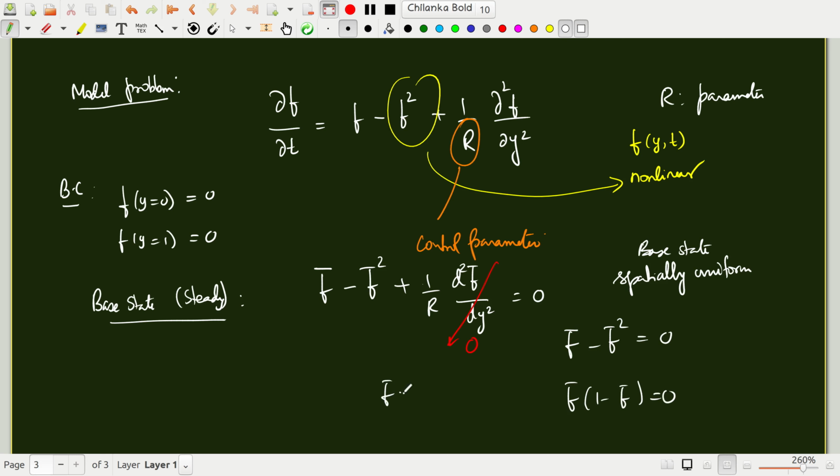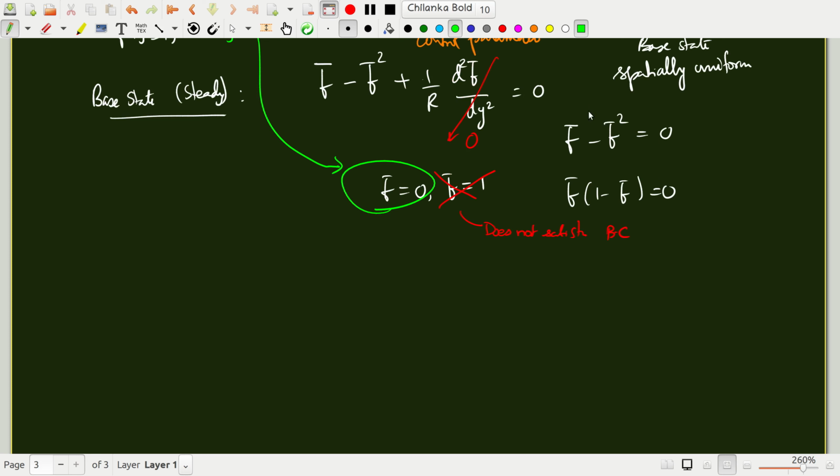So the two solutions are f bar is equal to 0 and f bar is equal to 1. But f bar equal to 1 will not satisfy the boundary condition, so you have to ignore this solution. Therefore, you will be interested in only this solution because it satisfies the BC also. So that's the base state we are interested in: f bar is 0.